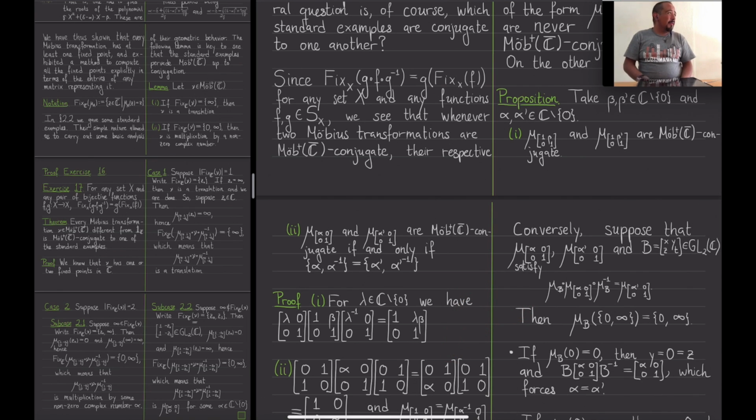So in other words, it looks like if you give me two translations and you look at the translation vectors, they should be conjugate, and they should be conjugate by something that simply multiplies by a non-zero complex number, right? That's what it looks like.